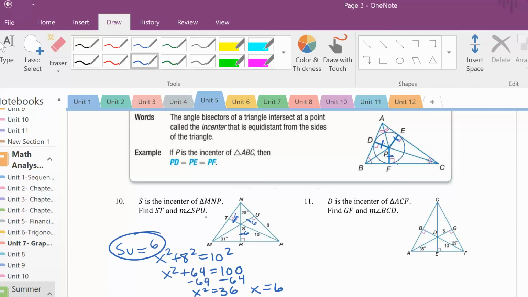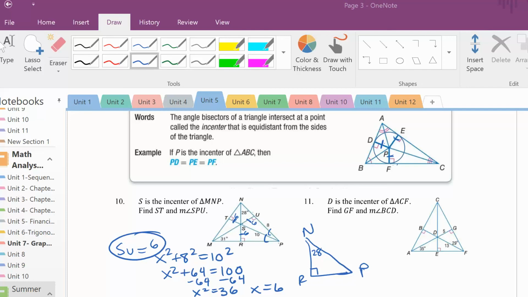And then it says find the measure of angle SPU. Well, remember this is an angle bisector, so these two are equal. But if you look in this triangle here, RNP, you have 90, 28.